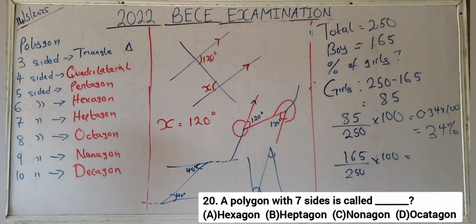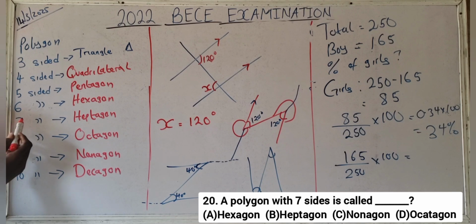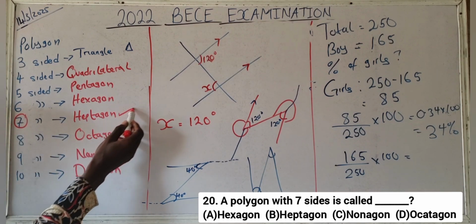Now, back to the question we are given. A polygon with 7 sides is called dash. I've already given you the tips. The right answer is heptagon.